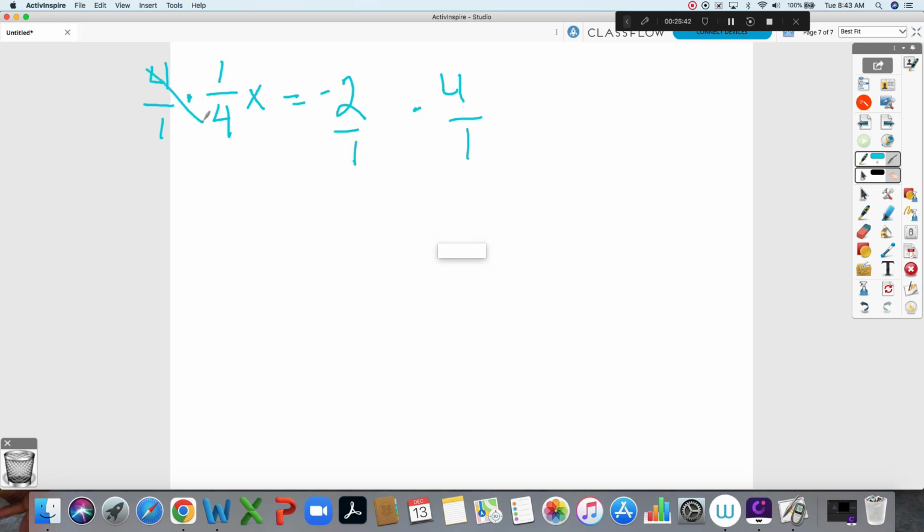These are going to cancel out, leaving me with just an x hanging out over there. Is there anything I can cancel out over here? Nope. So -2 times 4 is, and 1 times 1 is. Do I have to put that on the bottom? Let's just leave it as a whole number.